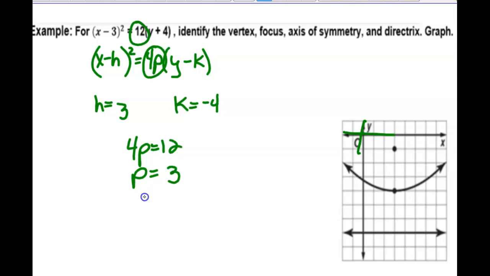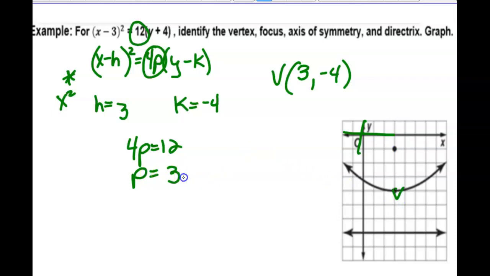A p-value of +3 means it's opening in a positive direction. The x was squared, so it's opening either up or down. +3 would mean it's opening up. The vertex would be at 3, -4, which is over 3 and down 4. 1, 2, 3, 4, right here. That's the vertex.